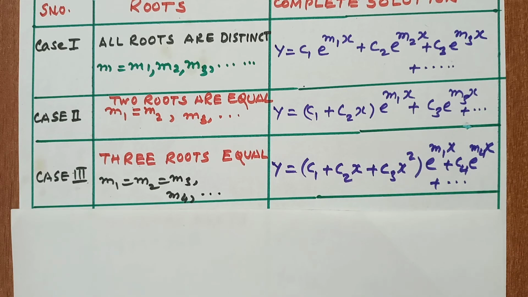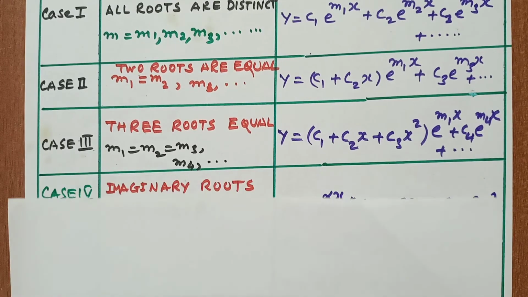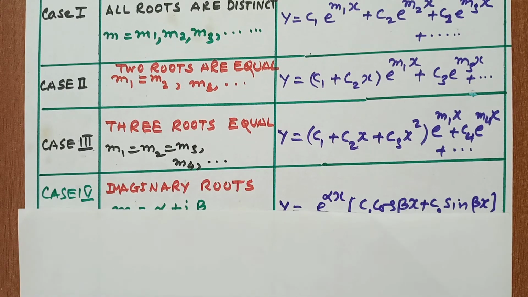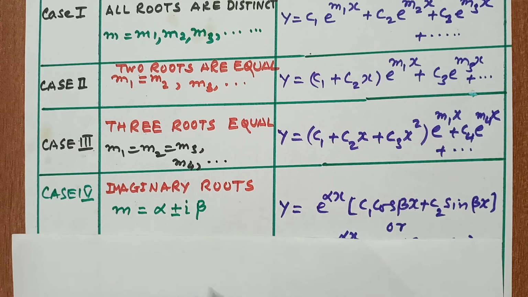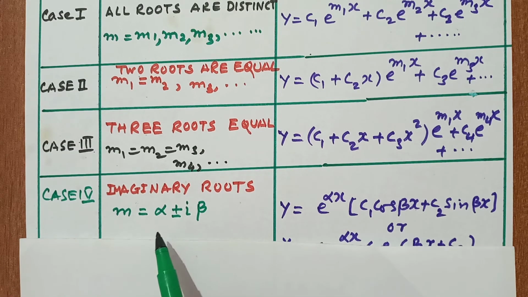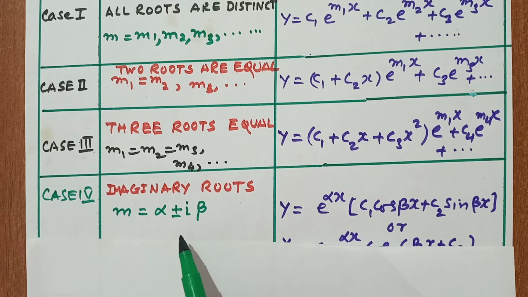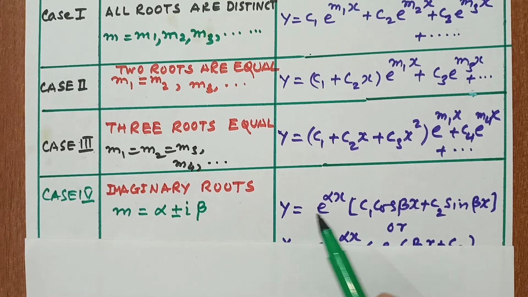Now case 4 is when roots are imaginary. If the roots are m equal to alpha plus minus i beta, in this case we can write the solution in three different ways.